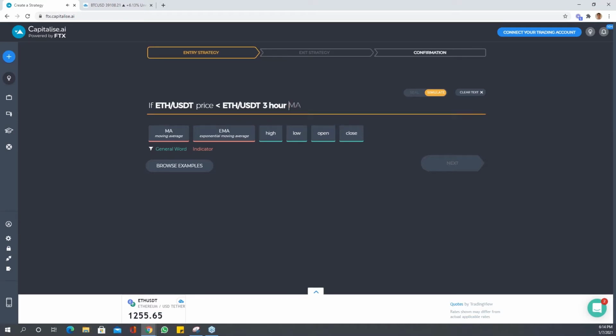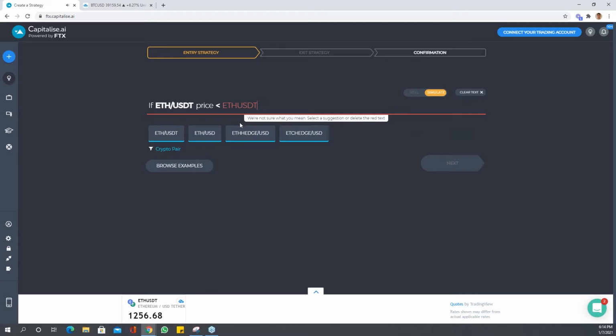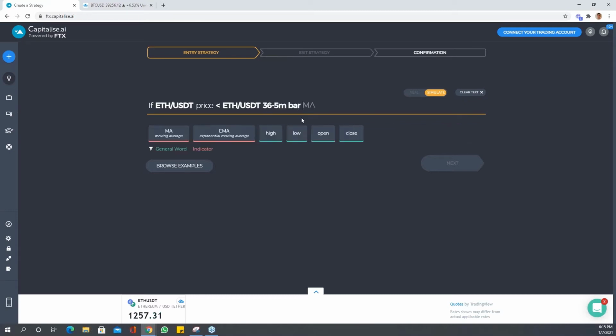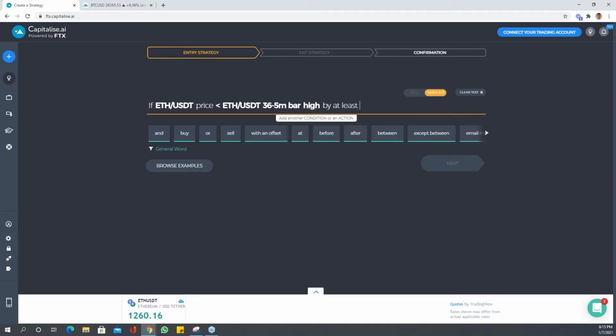Sorry, 3-hour high. But I'm going to use price below ETH USDT 36 by 5 minute bar high by at least 10%.